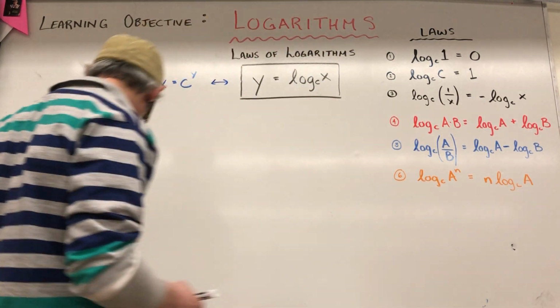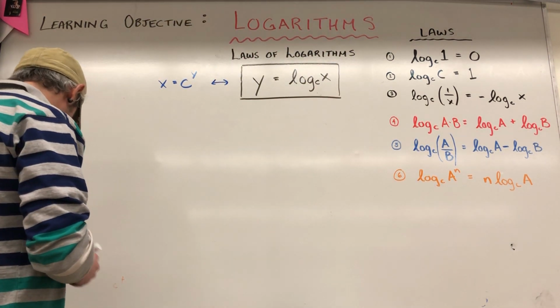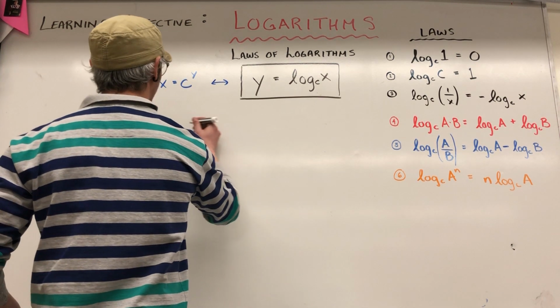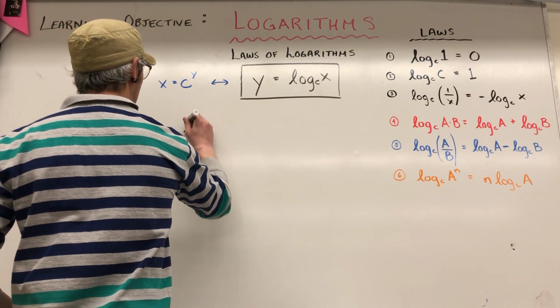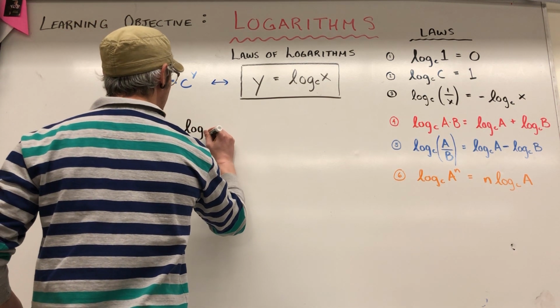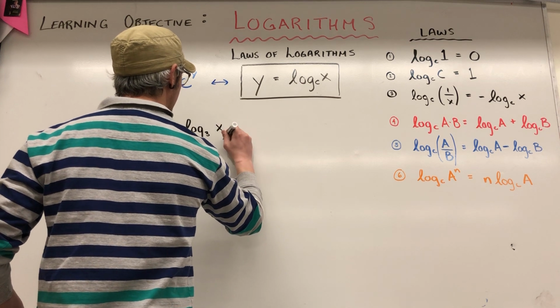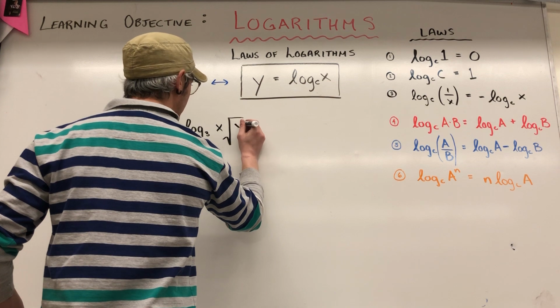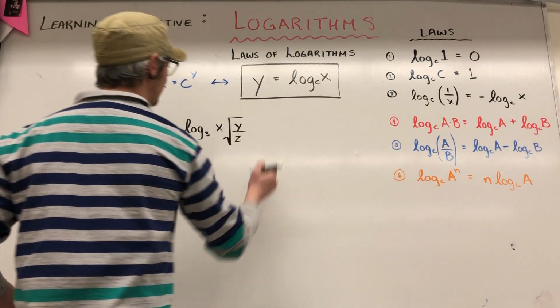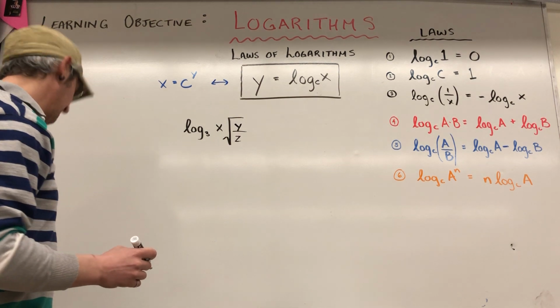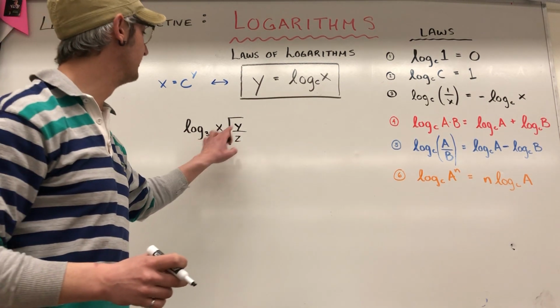Let's just keep going and practice. So let's say I gave us something like log base 3 of x times the square root of y over z, and I want to express this as individual logs of x, y, and z.